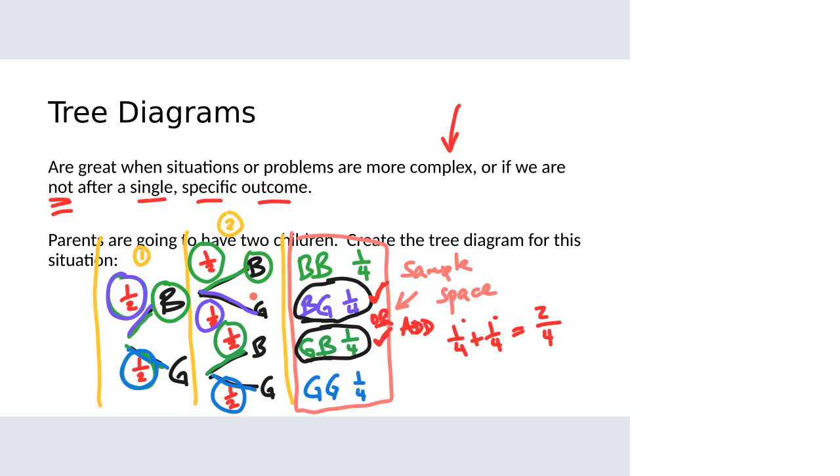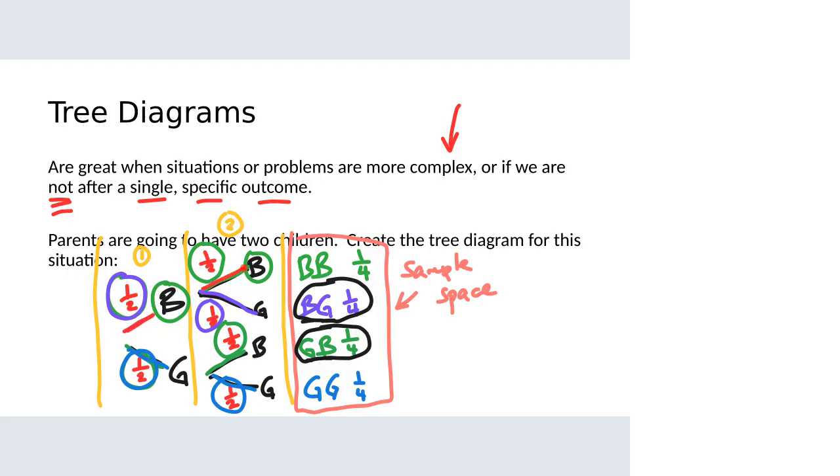I want to go back and talk for just a second. Sometimes students will get a little confused about, okay, well, so you're telling me that sometimes we need to multiply and sometimes we need to add. That's exactly right. And the times that we need to multiply are only when we're walking along these paths.